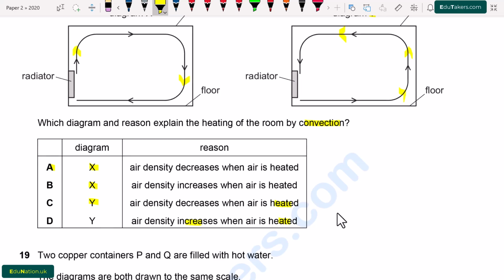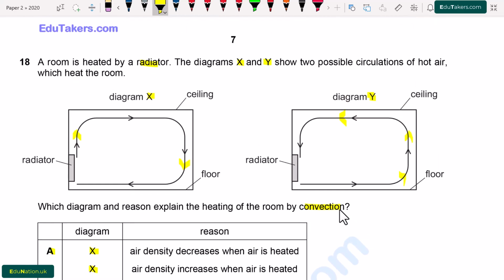So first of all, radiator is emitting hot air and we know that the hot air is less dense as compared to cold air. I write here the density of hot air is smaller as compared to density of cooled air. Hot air, due to its less density, moves above the room.